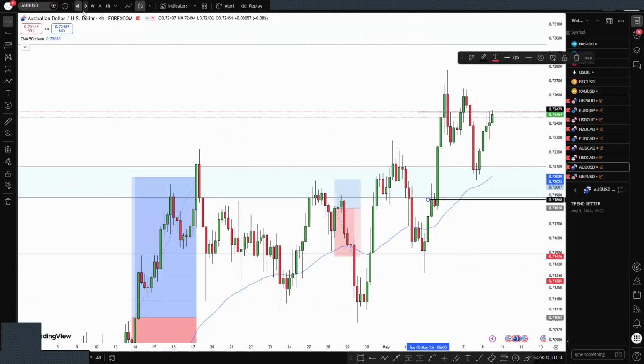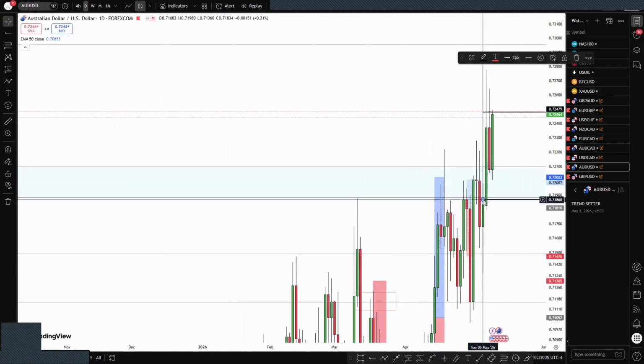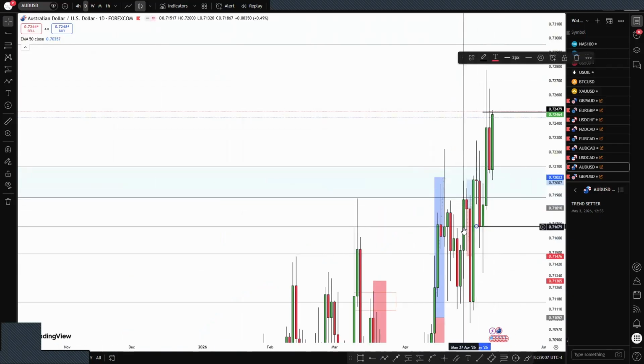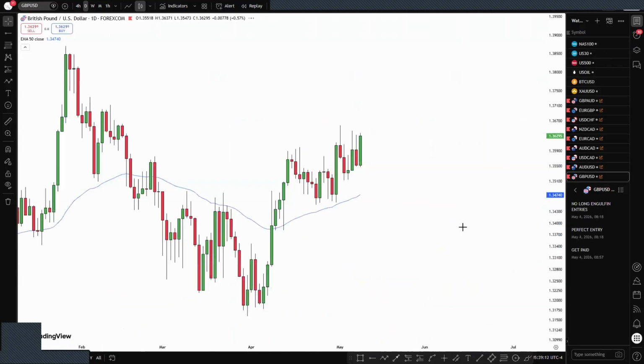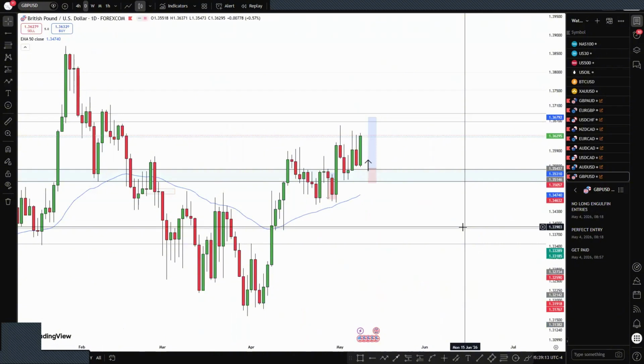And on the daily time frame, this is the only last level we have. So the last pair I have is GPP and I'll come and do this one with you guys. Then we can choose the pairs we'll be trading for next week.